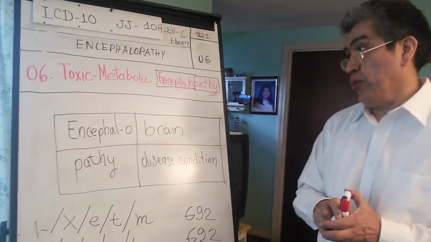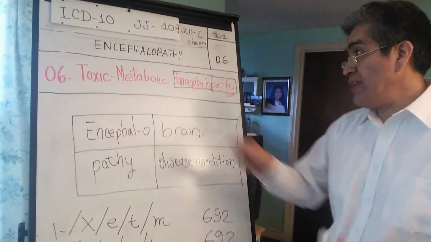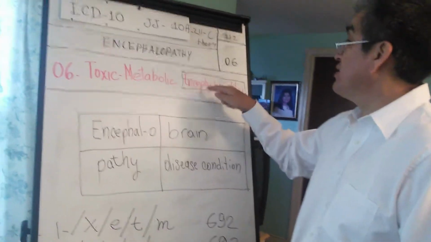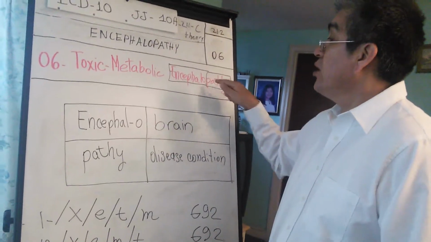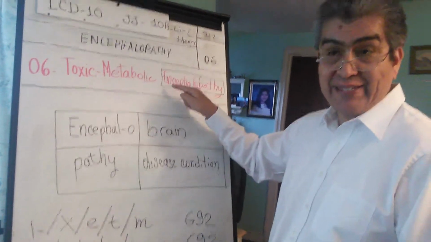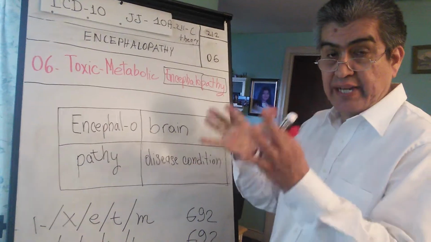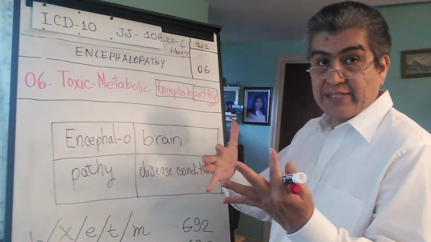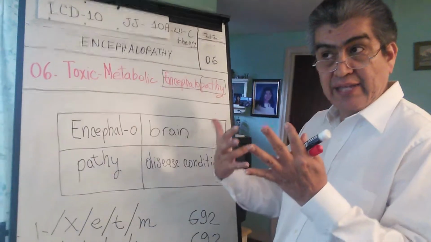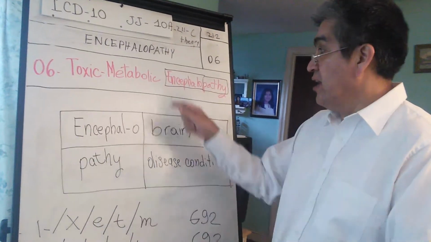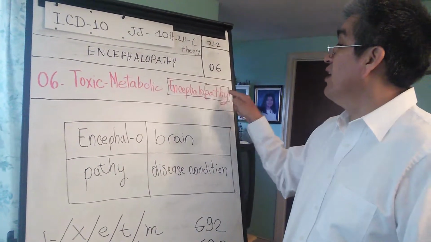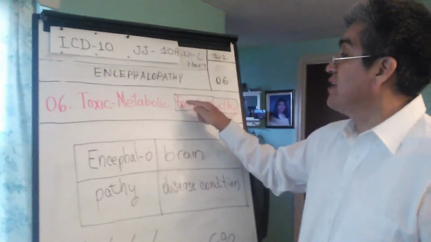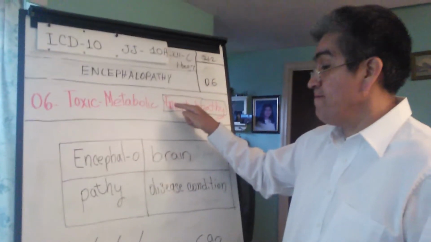Okay, now how do you code it? Once you have identified the main term, which is encephalopathy, you are going to go to the index in the book. There's an ICD-10 CM book. And the first part is an index, and it lists all the diseases alphabetically. So we need to find encephalopathy. You're going to go to the E for encephalopathy, right?